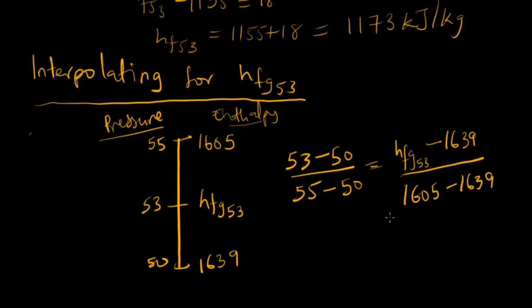So at the end of the day, we have 3 over 5 equal to HFG53 minus 1639 all over minus 34.